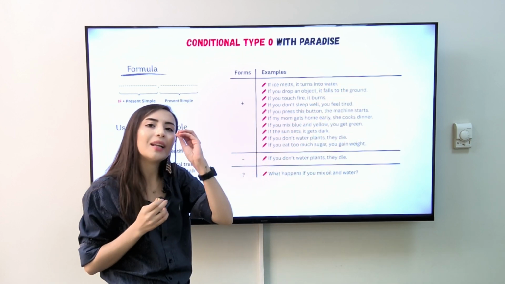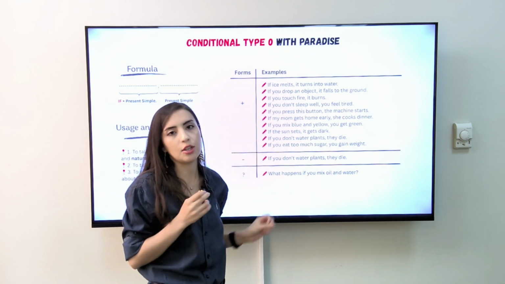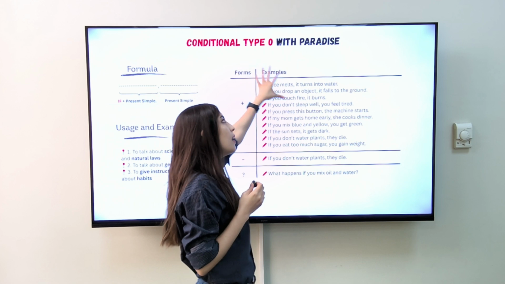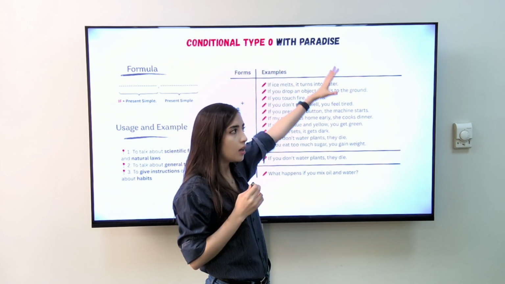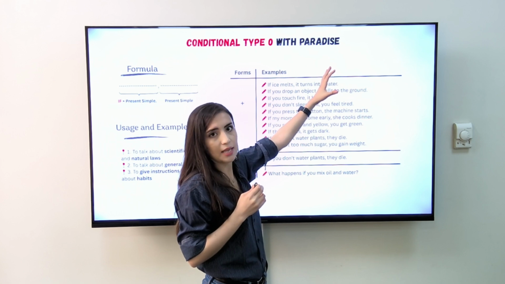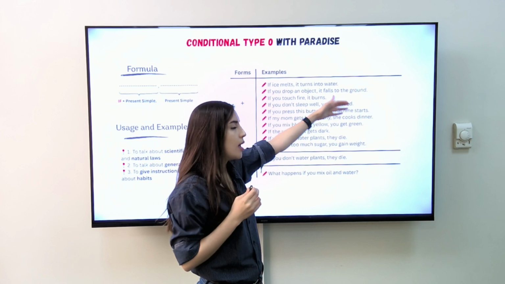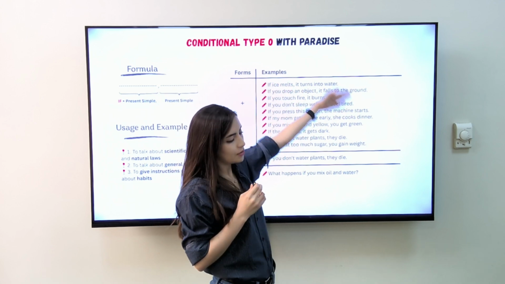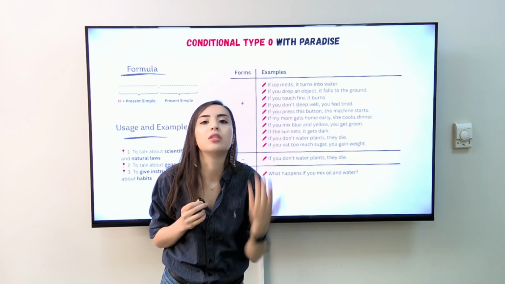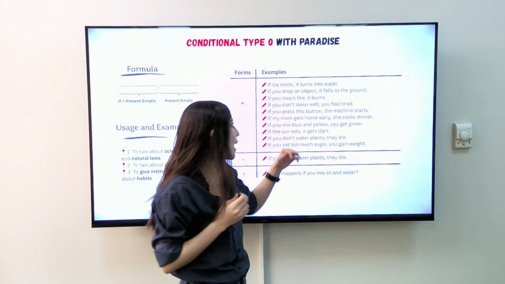This is something in common between all the conditionals: if the if part happens, then the rest of the sentence happens. Before the comma, after the comma. If the part before the comma happens, the part after the comma will be a result of it.